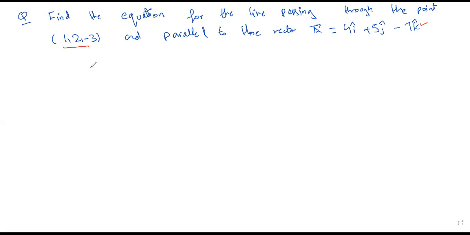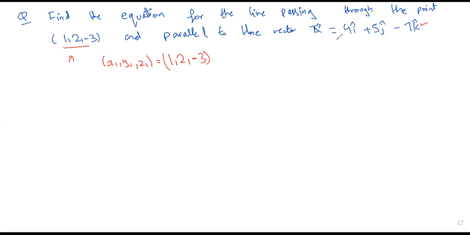Right. So if I talk about the coordinates of x1, the coordinates of the point that lies on the plane, it is this one. So this means that x1, y1, and z1 equals 1, 2, and -3. Okay.